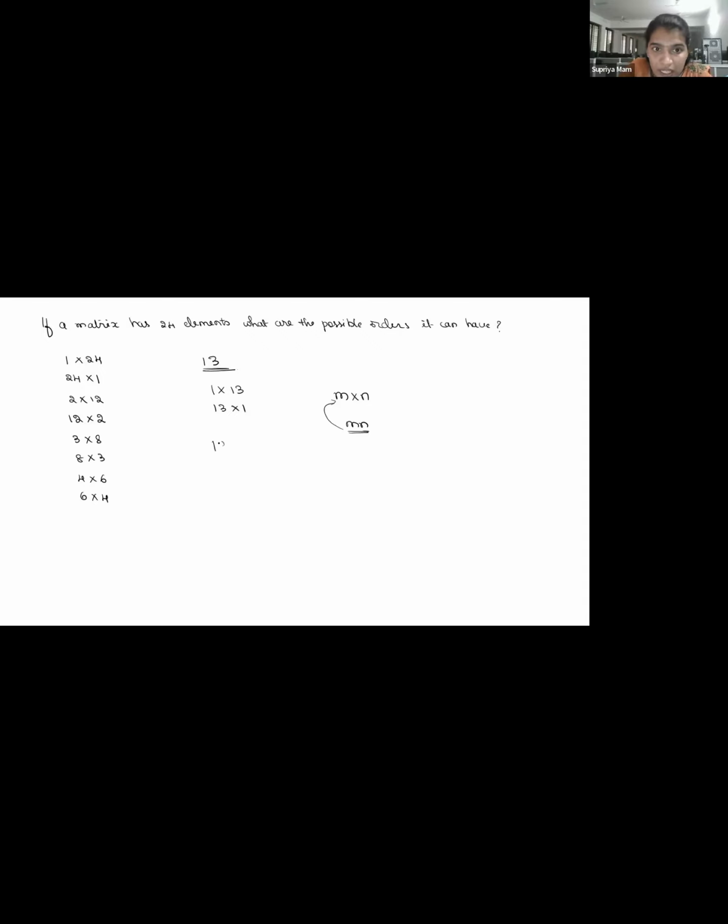One more you just identify. What if the matrix consists of 18 entries? Next question is up to you. Answer this. Yes, very good. Many are answering. Identify all possible factors of 18.